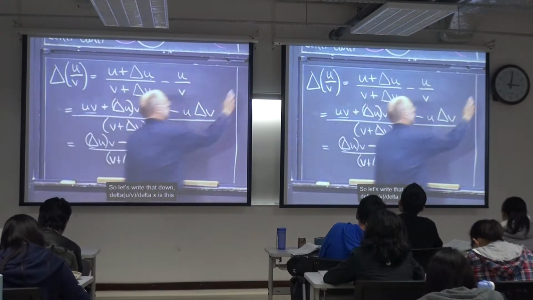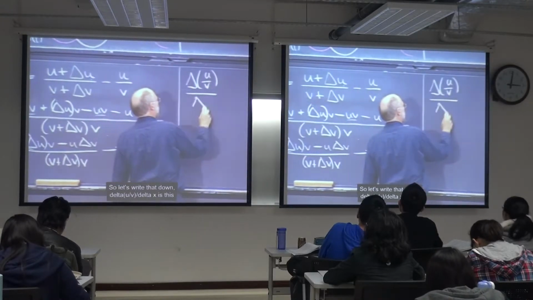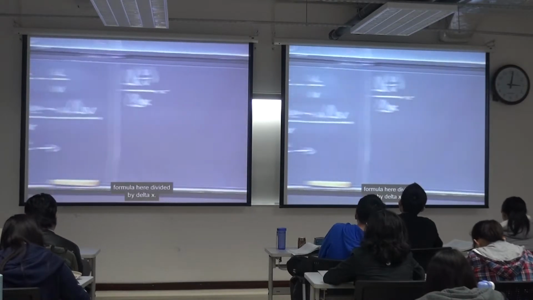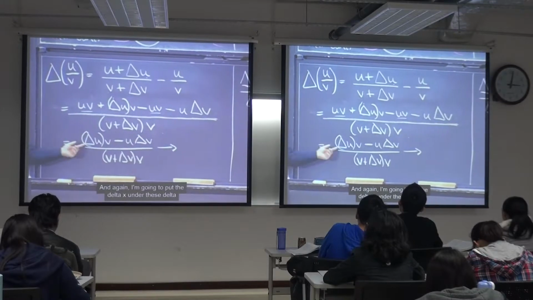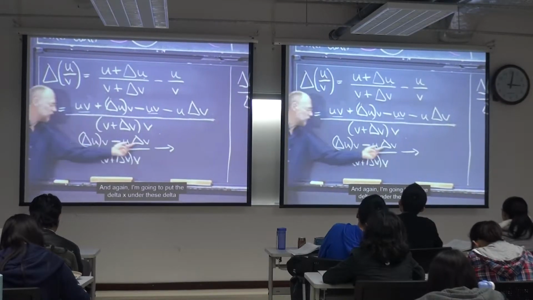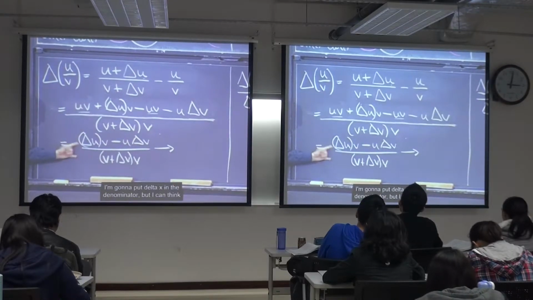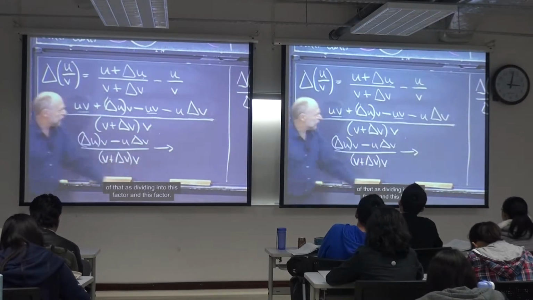So let's write that down. Delta (u/v) divided by delta x is this formula here divided by my delta x. I'm going to put delta x in the denominator, but I can think of that as dividing into this factor and this factor.